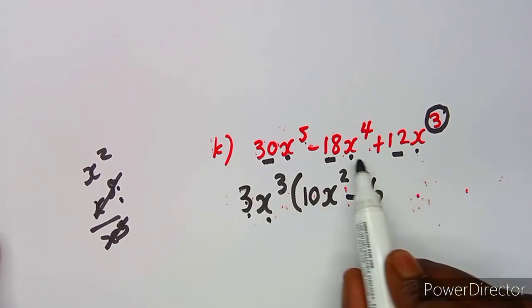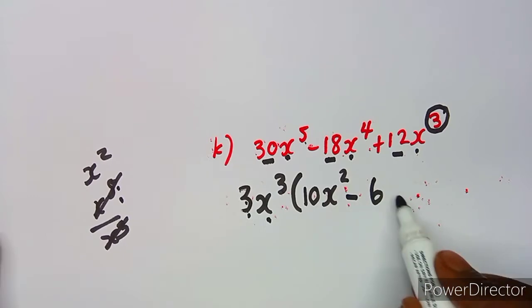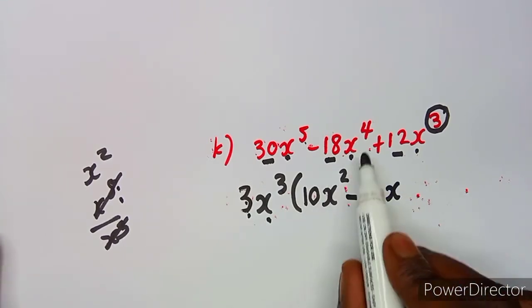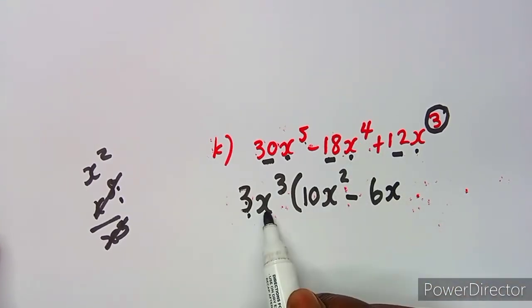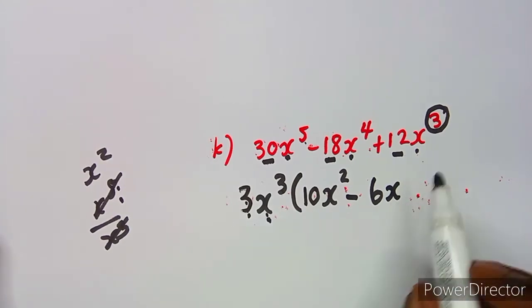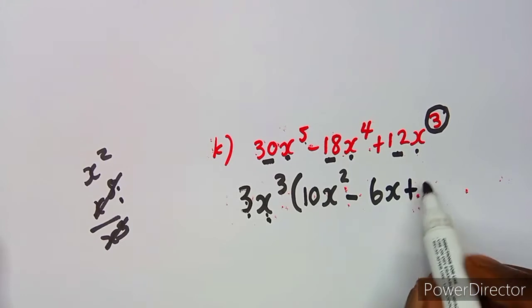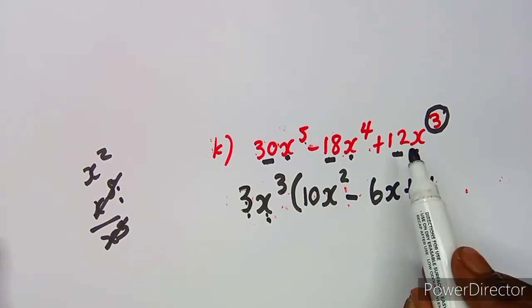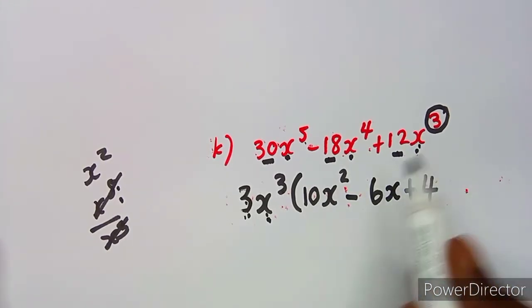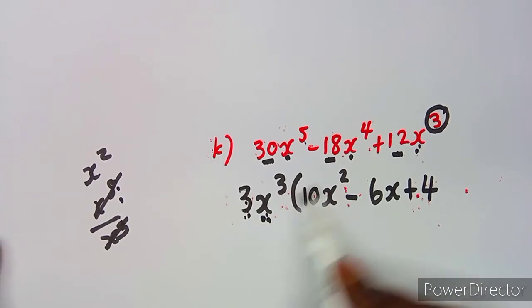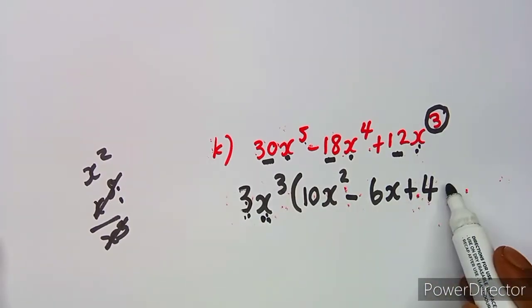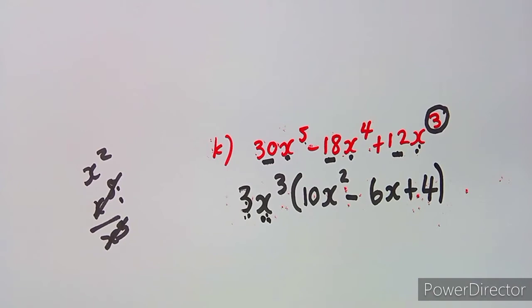Let's see. X to the exponent of 4, divided by x to the exponent of 3, which is x. We move on. 12 divided by 3, which is going to give us 4 in this case. X to the exponent of 3, x to the exponent of 3. This will cancel because they are the same. So you're just going to be left with 4.